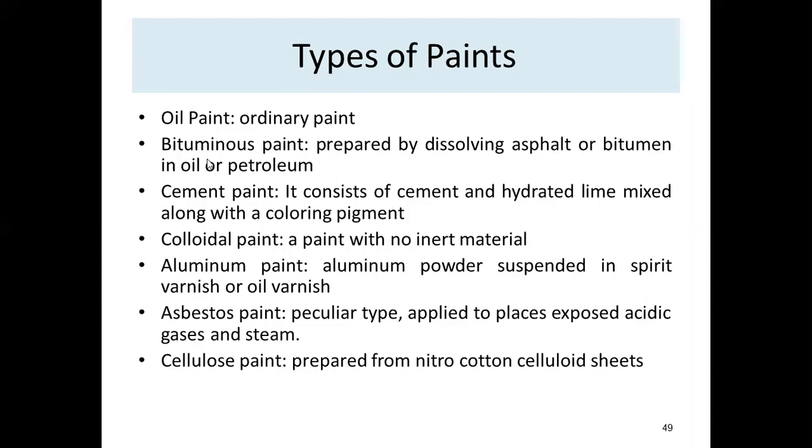Basically, we use bituminous paint or tar paint whenever we are constructing steel structures, as a corrosive coating, or rather to prevent the contact of water or moisture with the metallic or steel material. For that purpose, we go for bituminous paint.